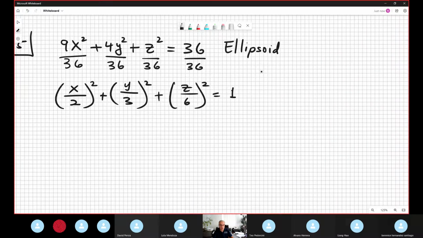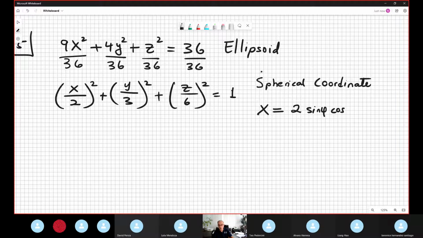Now I'm using my famous spherical coordinates, because it's not a sphere, but it's similar to a sphere. So I declare that, for example, x over 2 equals, and the formula for a sphere is, 2 sine phi cosine theta.